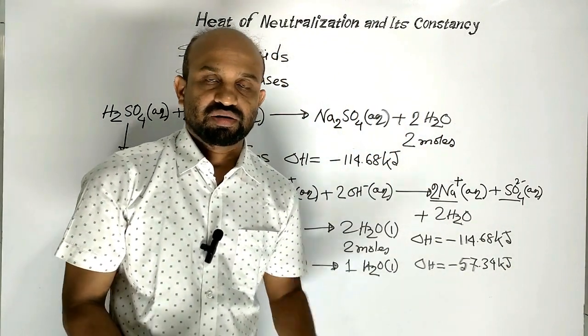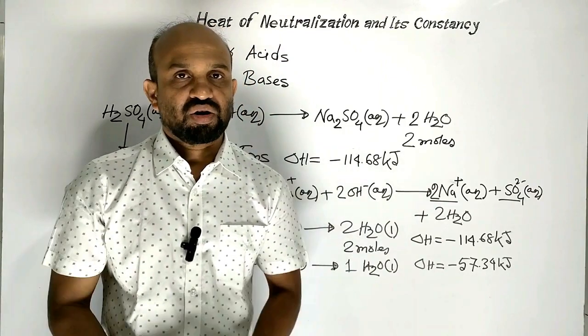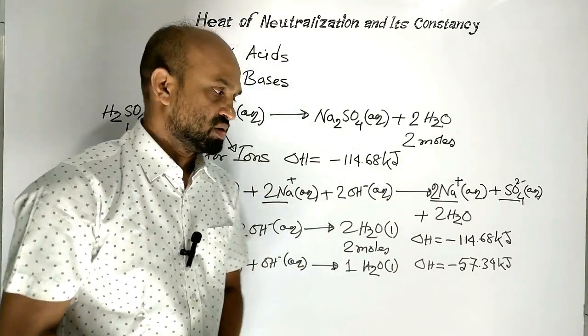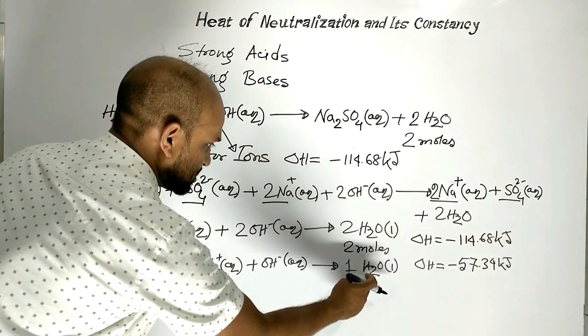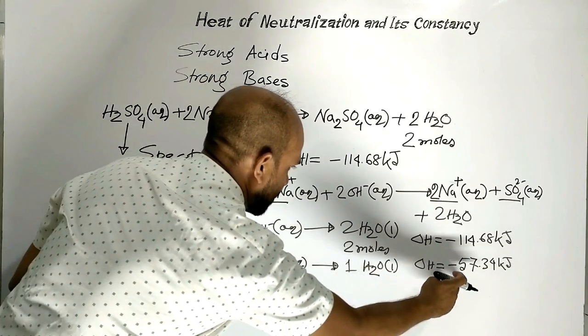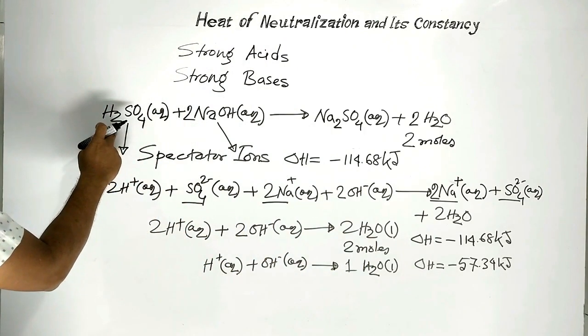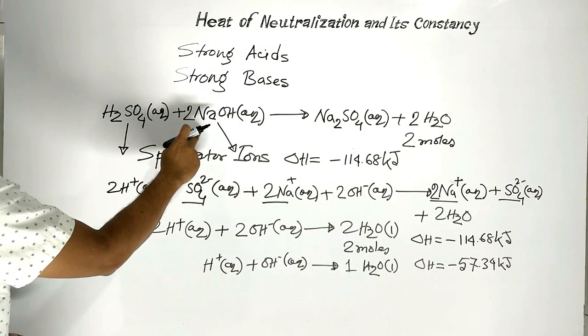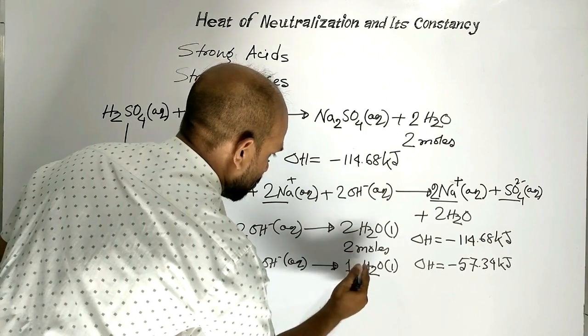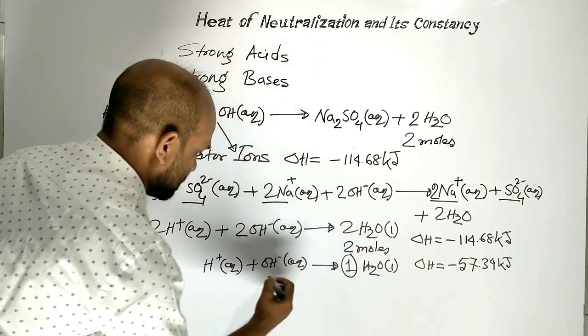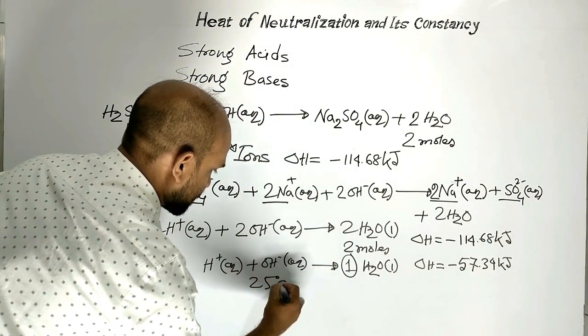That is what we learnt from the definition: heat of neutralization is the amount of heat produced from the reaction between acid and base to form 1 mole of water at room temperature.